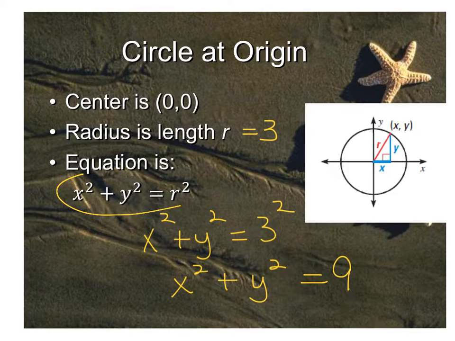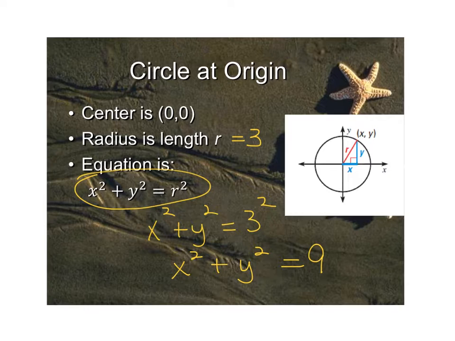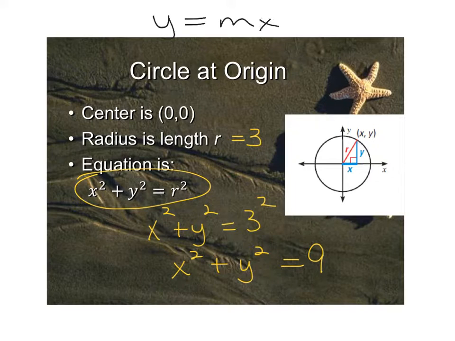Right here, this is the base formula for a circle when the center is at 0, 0. So the things we've been talking about lately are like y equals mx plus b. This is the base formula for a linear equation. So this is the standard form here for a circle. So what we need to fill in is the value of r.